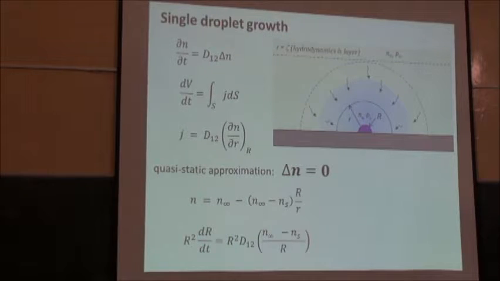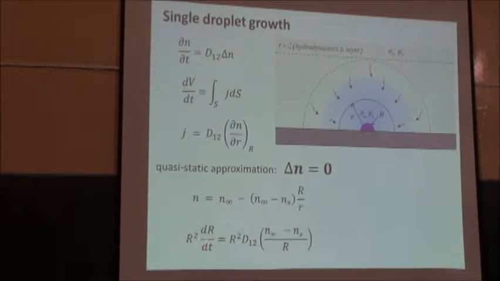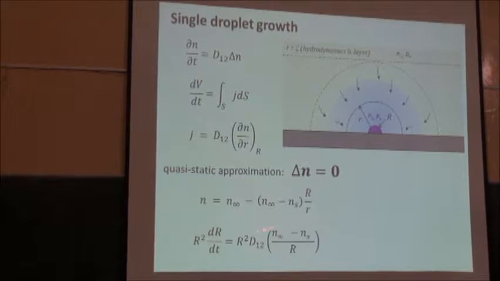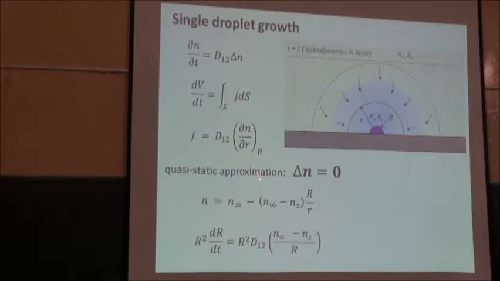Now, to get the volume evolution, you express dV over dt this way. You assume it is hemispherical, and you get the dN over dr at the drop, so that's this derivative, and you express the surface, so you integrate on the surface, so you have something proportional to r.